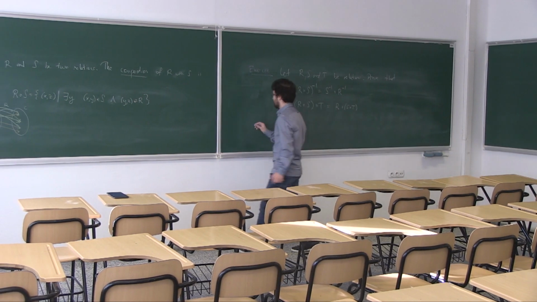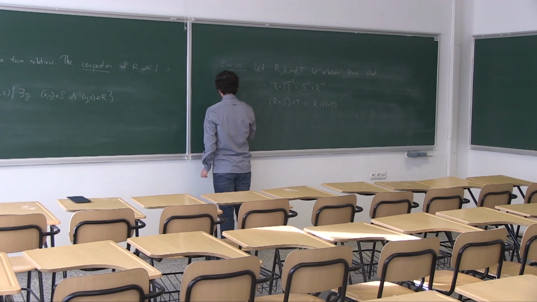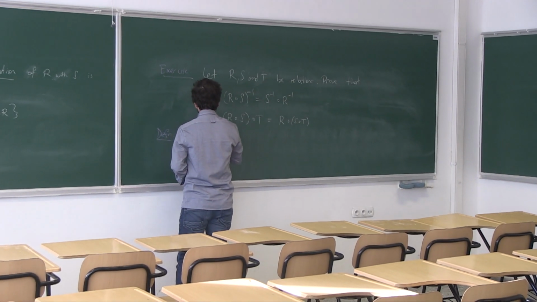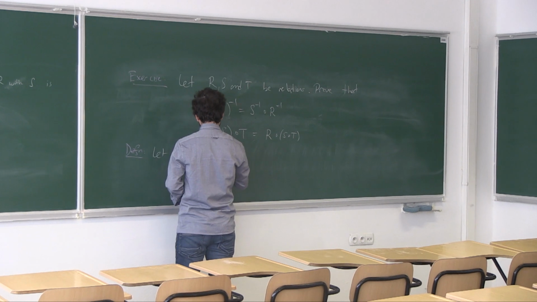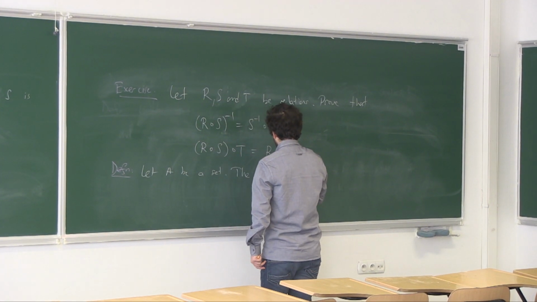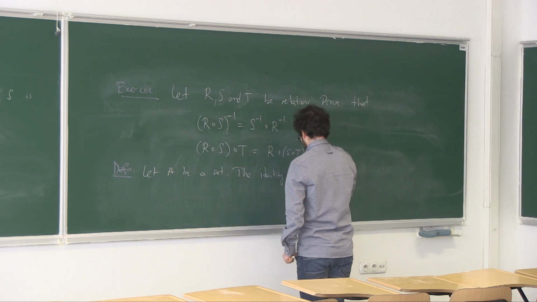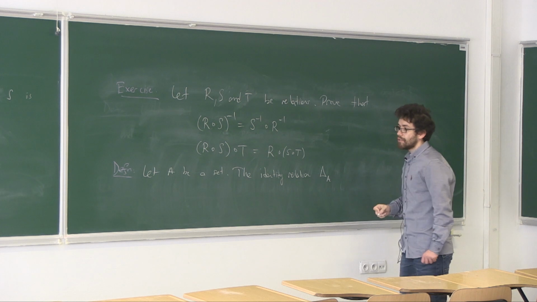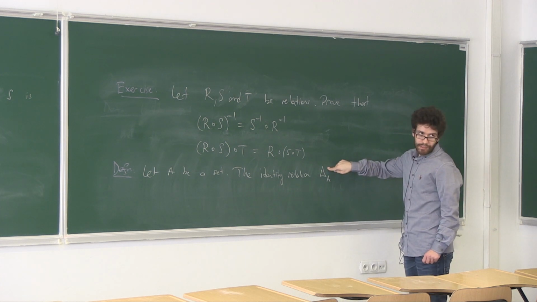2 important relations. Let A be a set. The identity relation, which is noted by delta most of the time.